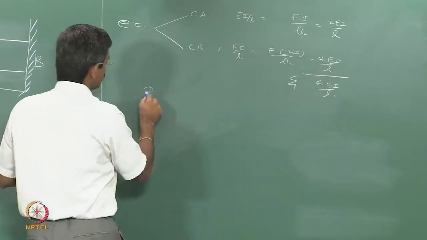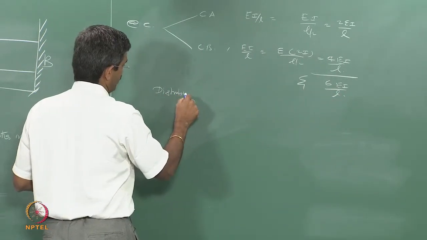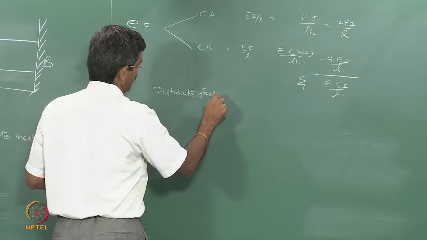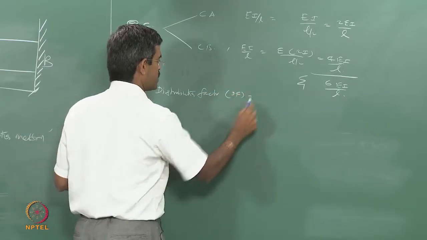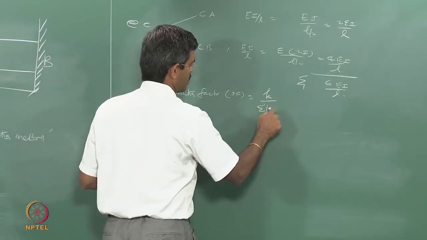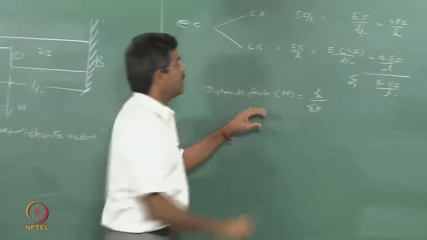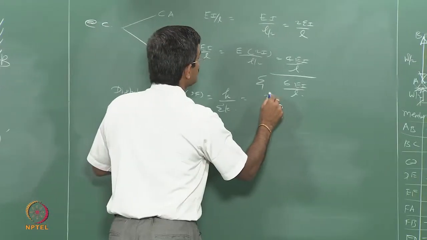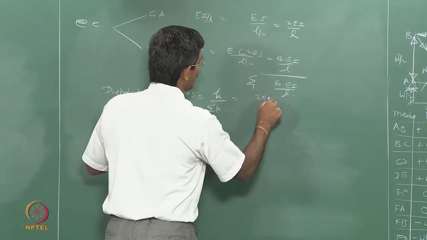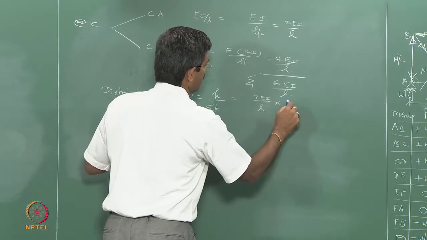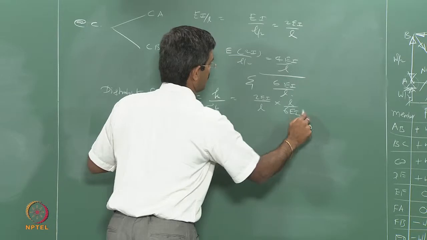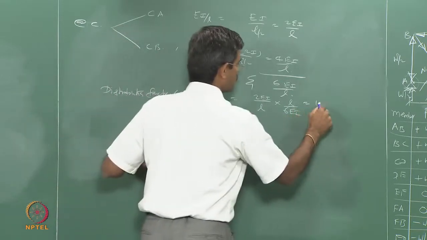I must find the distribution factor, DF, which is k small by sum of k, which is nothing but 2 EI by L by 6 EI by L, which goes as 1 by 3.